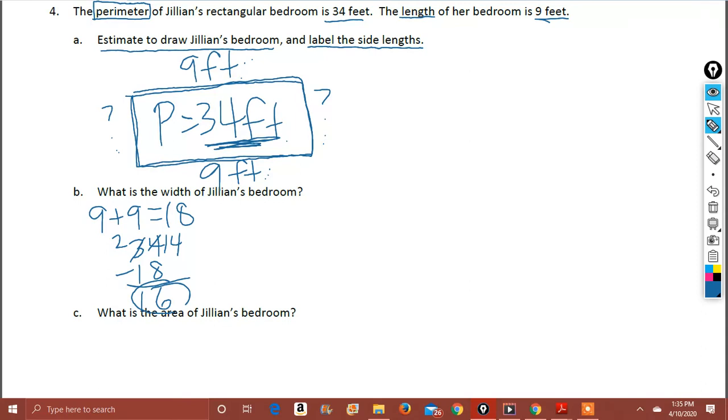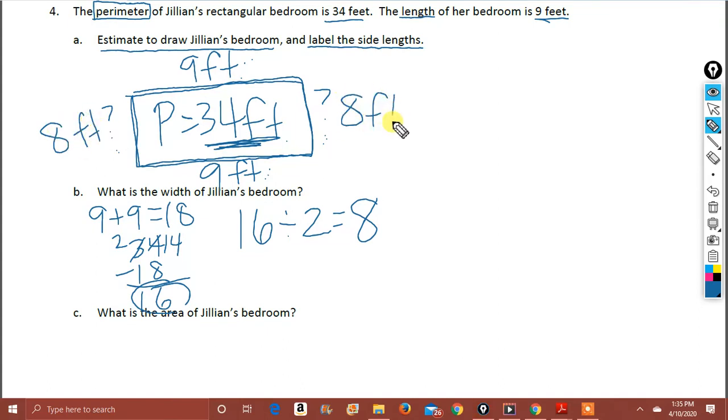So what we need to do now is split that 16 in half so that we can tell exactly how wide each side of this bedroom is. So 16 divided by 2 is 8. So the width of each side is 8 feet. I'll put my units of measurement in there.